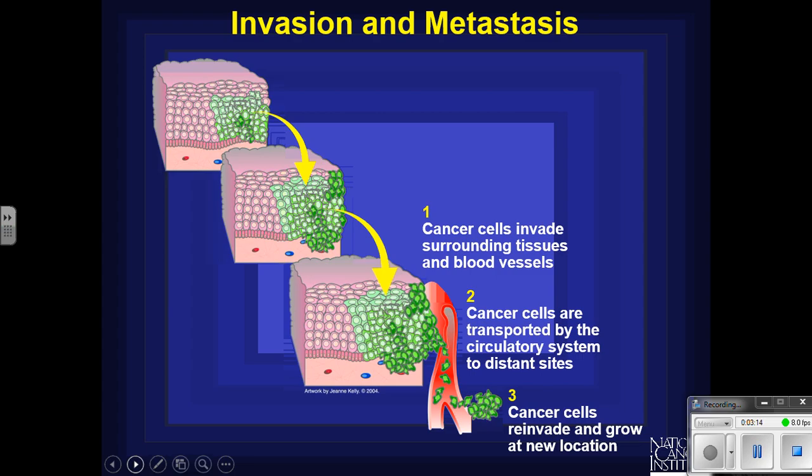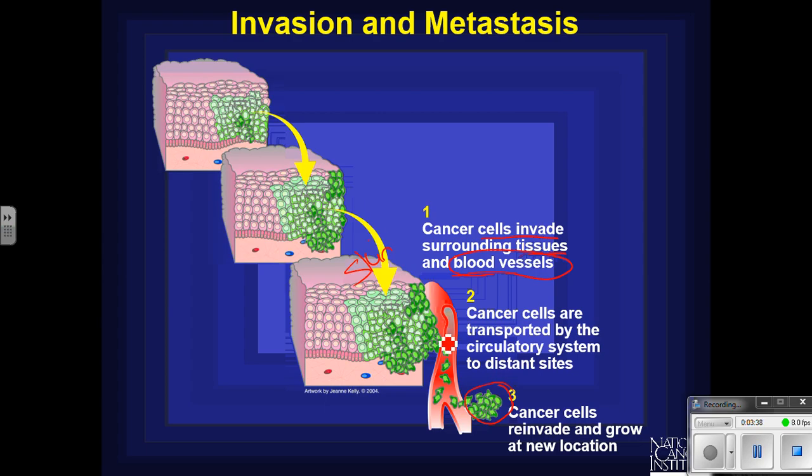So this can be bad, right, if you have a tumor that is cancerous. However, when these cancer cells start to invade other tissues and they enter the bloodstream, this is really dangerous because once they enter the bloodstream, they can travel to another part of the body and build another tumor there. So this is the skin.